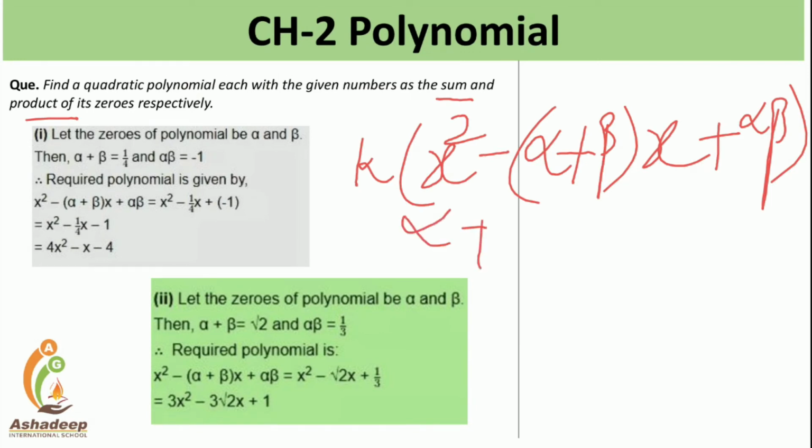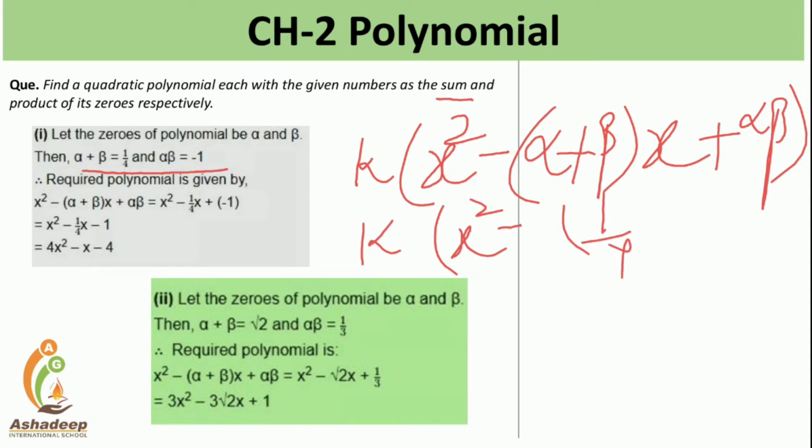So alpha plus beta is equal to 1 by 4, and alpha into beta is minus 1. So we simply need to put these values in this equation. So k in bracket x square minus, what is alpha plus beta? 1 upon 4 x plus, what is alpha into beta? Minus 1, where k is a real number, that you need to mention, right?